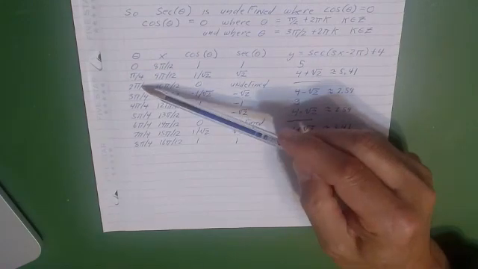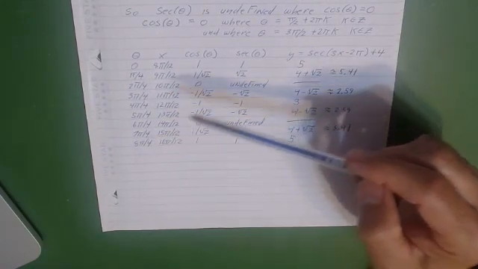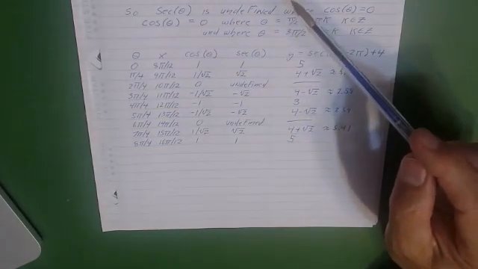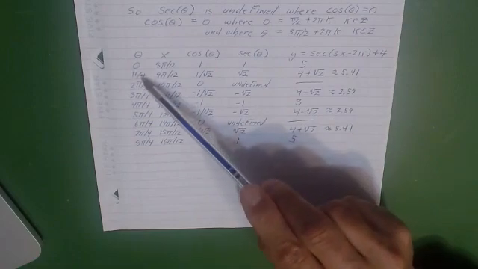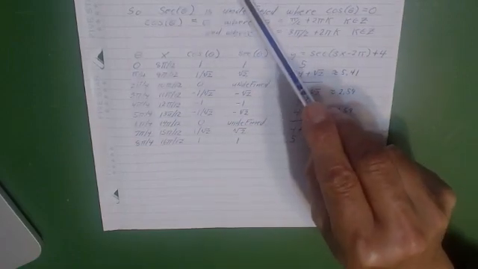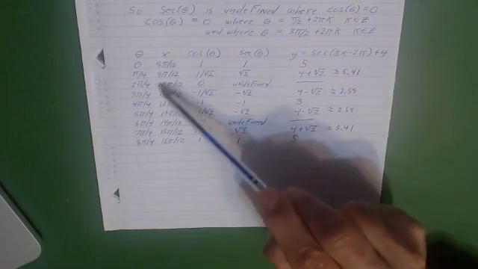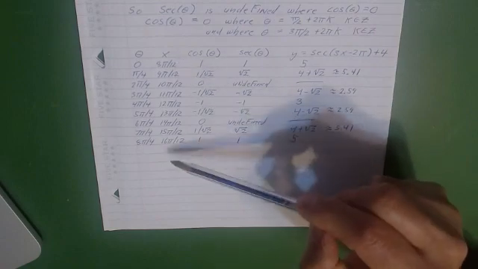So pi over 4, 2 pi over 4 till we get to 2 pi, which is 8 pi over 4. All right, we've solved for x already here. So we plug each value of theta into our equation here, and we get what the x value is for that value of theta, okay, by just plugging each theta in there.